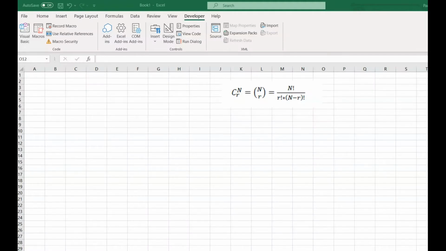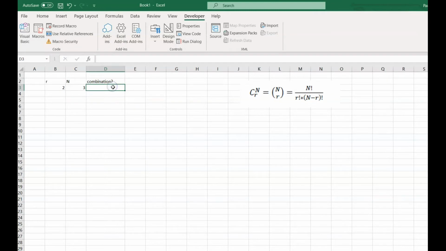Now, let's look at how to use an Excel function to calculate combinations. There are two input variables: one is small r and another is capital N. Suppose we choose two values out of 3. What is the combination?